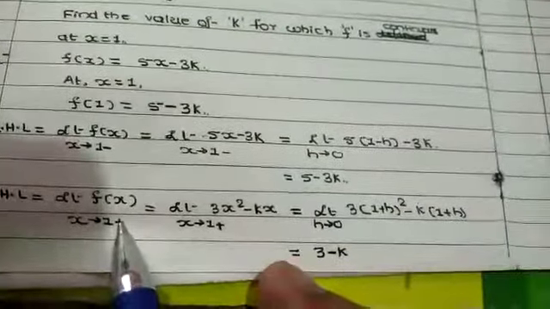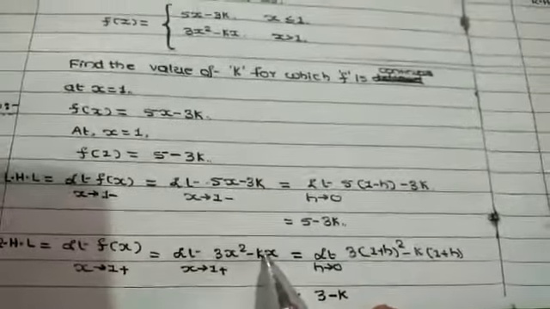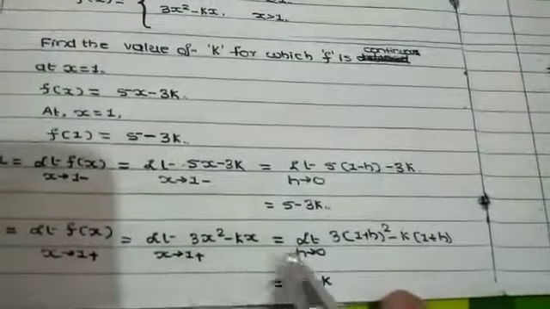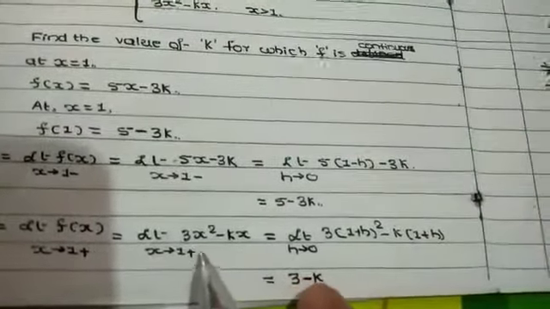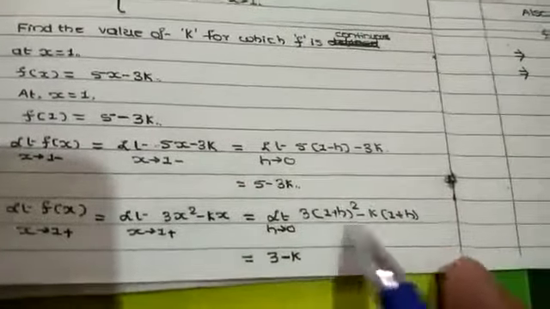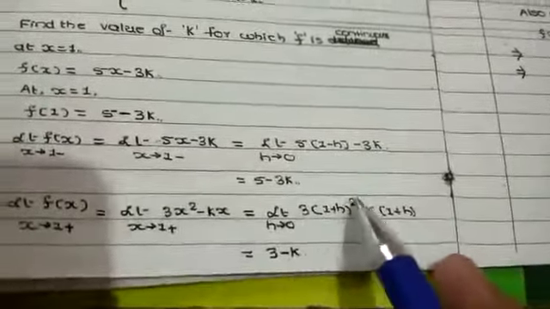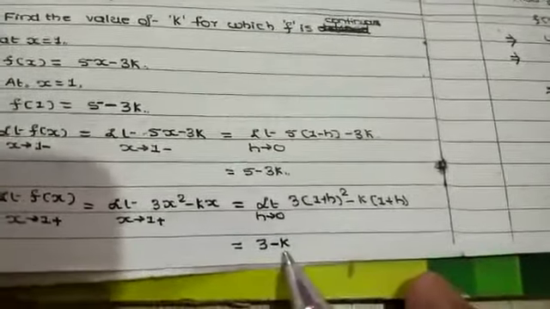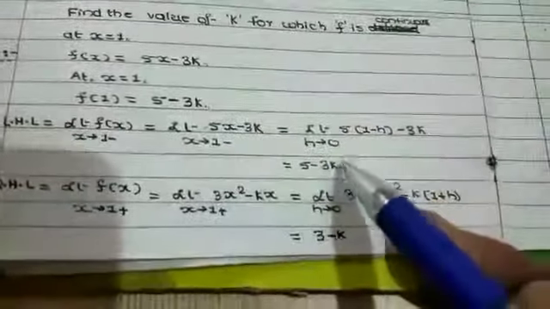In this, h tends to 0 means x tends to 1 plus h. If h is 0, we get 3 into 1 square, that is 3, minus k into 1, so that is 3 minus k. So this is the value at the given point, this is LHL and this is RHL.